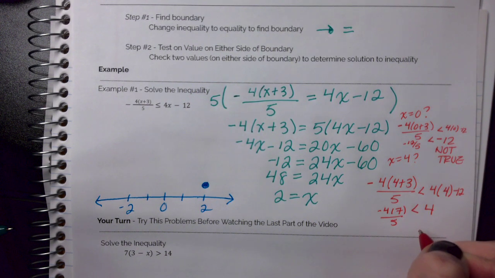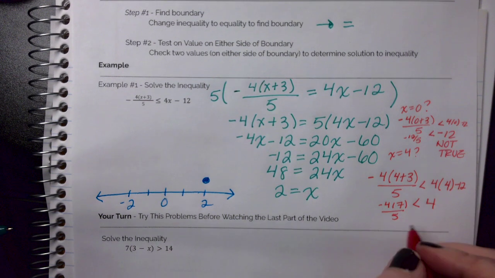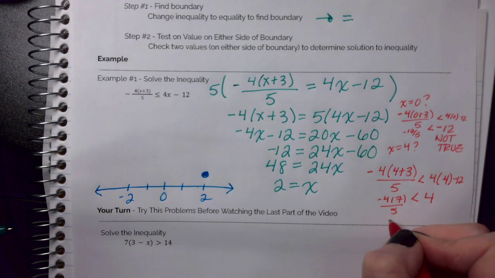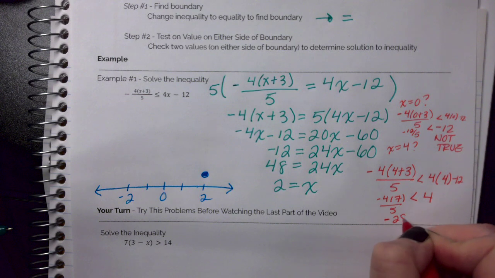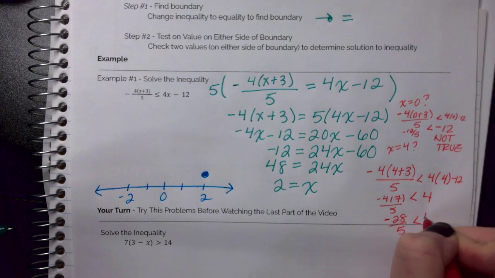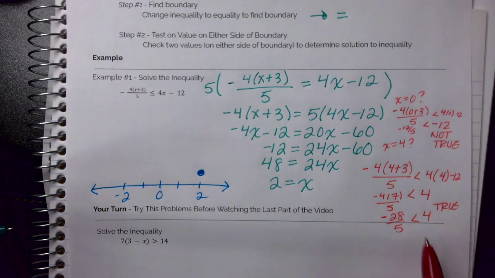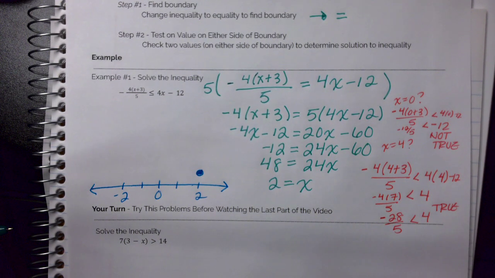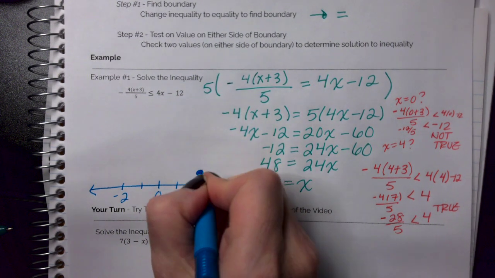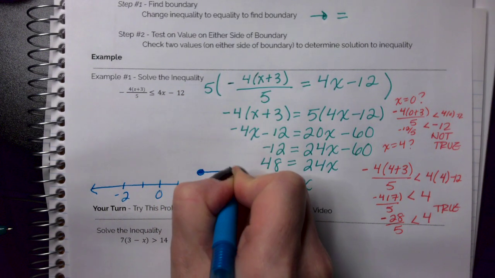I already know a negative number is going to be less than a positive number. Let's finish this out. So this is negative 28 over 5 is less than 4. This part is true. So I know that 4 is part of the solution set to this inequality, which means the arrow goes this way.